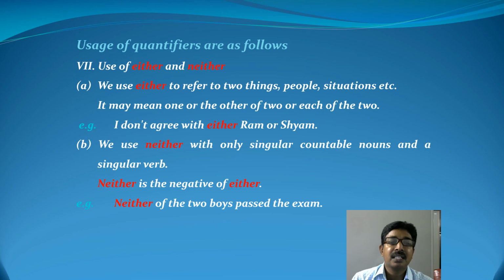Now, let us see the use of either and neither. We use either to refer to two things, people, situations, etc. It may mean one or the other of the two or each of the two. Example, I don't agree with either Ram or Syam.